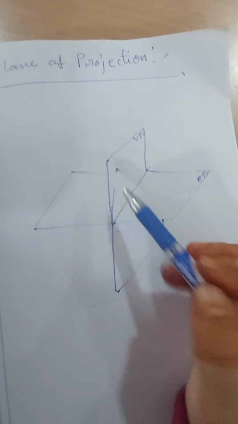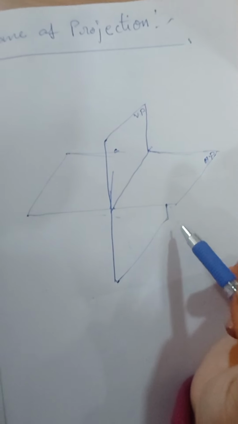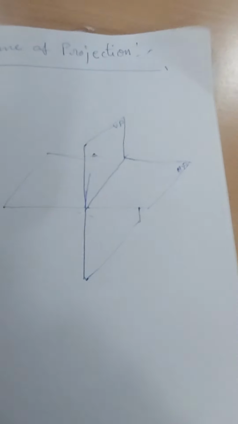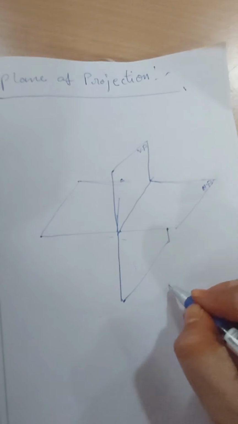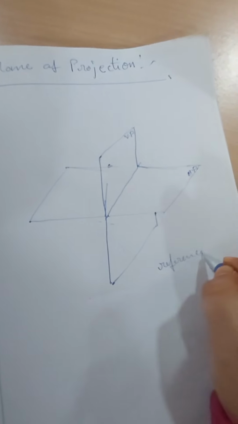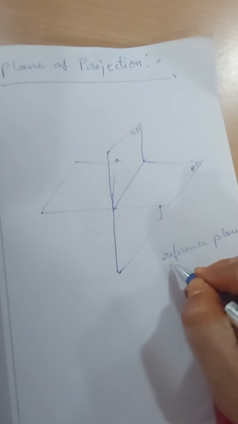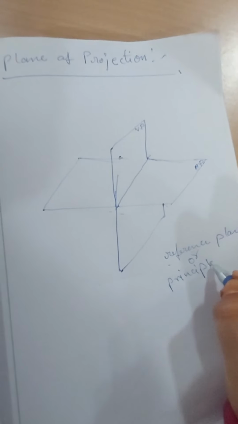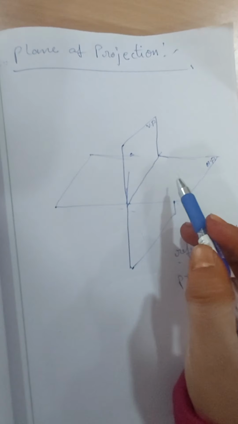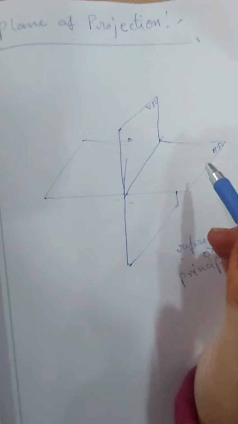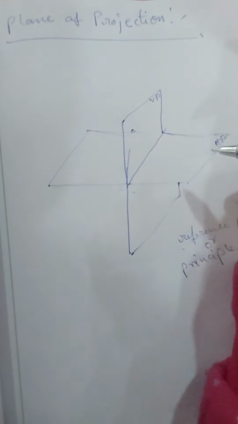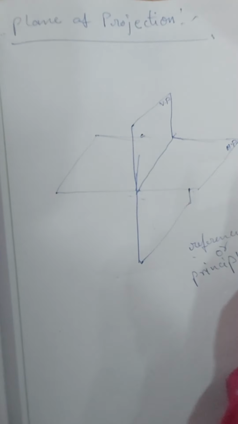These two are the reference planes which are used for the projections. These reference planes are also known as principal planes of projections. They intersect each other at right angles, as I said just now.